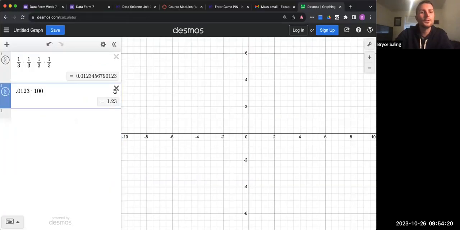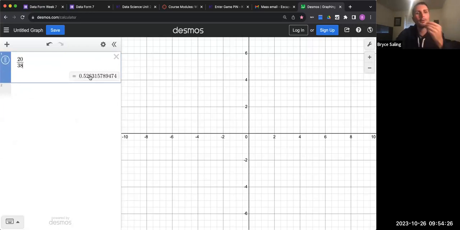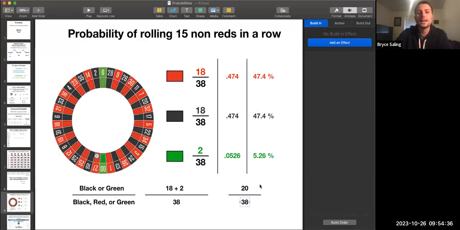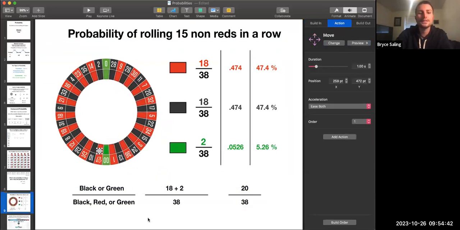So in one spin, you have 20 divided by 38. So you have about a 52% chance of getting a non-red. But if we want 15 events, this is where it gets a little tricky. So that means we're going to have to times this by itself 15 times.